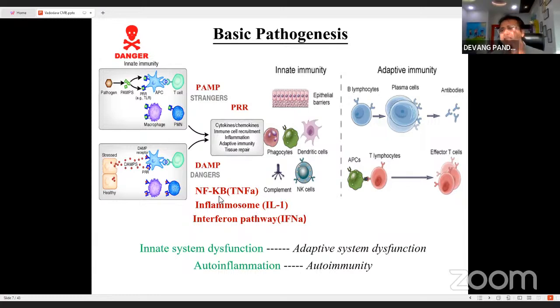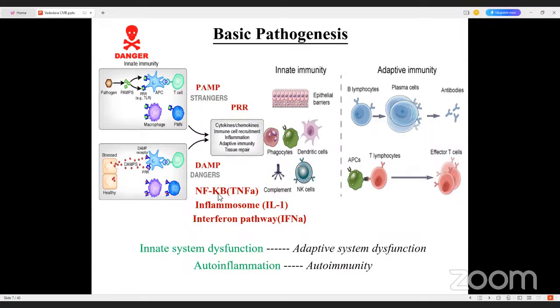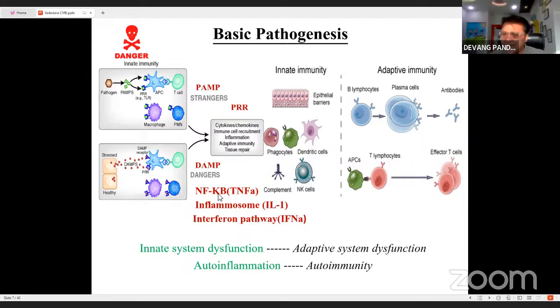Now, there are three pathways. I'll just tell the names. If the NF-kB pathway gets activated, there is a release of TNF alpha cytokine. If the inflammasome pathway gets activated, there is a release of IL-1 cytokine. And if the interferon pathway is activated, there is a release of interferon alpha.